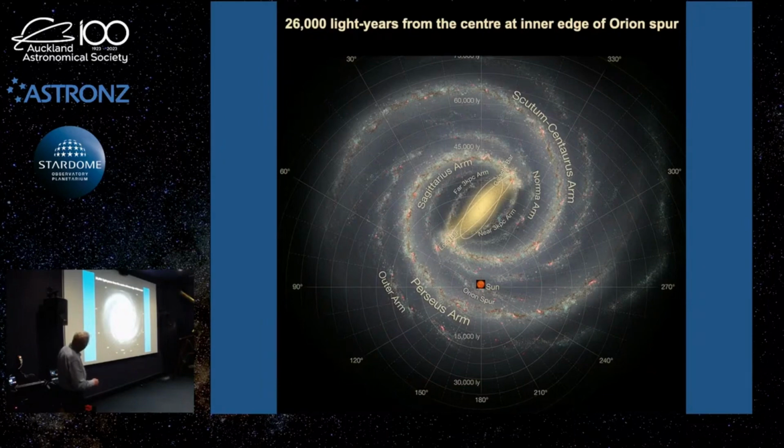We sit just on the inside of that, about in the middle of that little spur or bridge, right on the inner edge, and that's where our sun sits. I'm about to show you shortly that it's about 26,000 light years out, so about halfway, but that's where we sit in the Milky Way: just on the inner edge, halfway along a little bridge or spur between the Perseus and the Sagittarius arm.